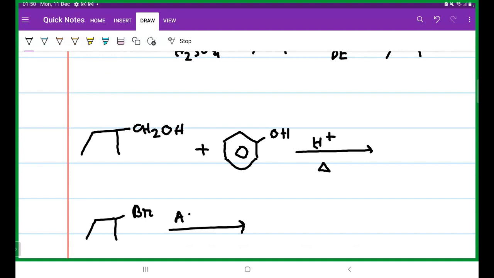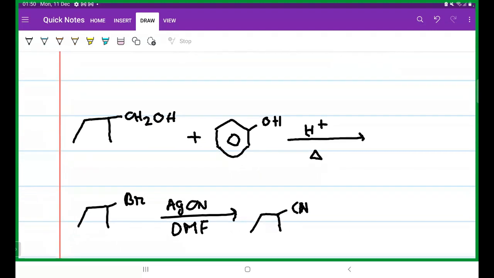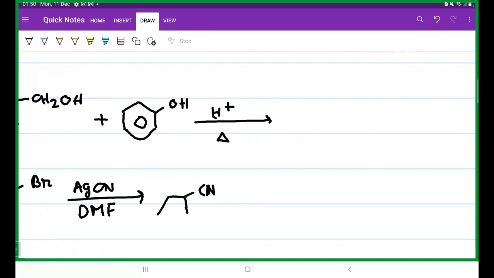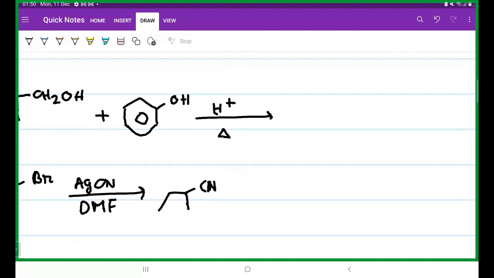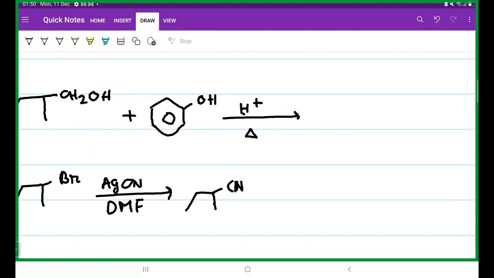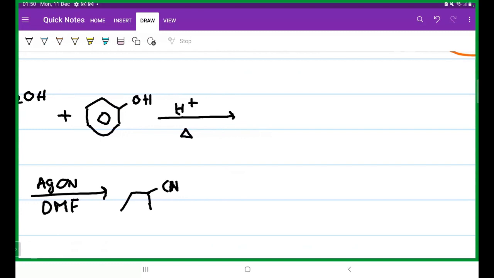AgCN and DMF. It's a nucleophilic substitution reaction. It will give CN. And when this reacts with H3O plus, it will give a carboxylic acid.